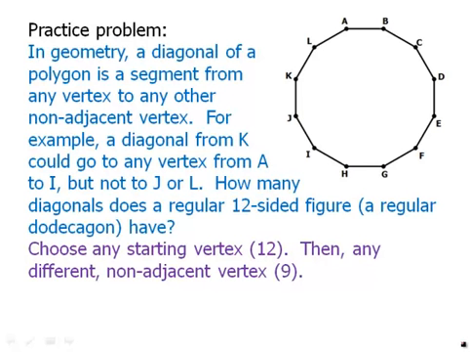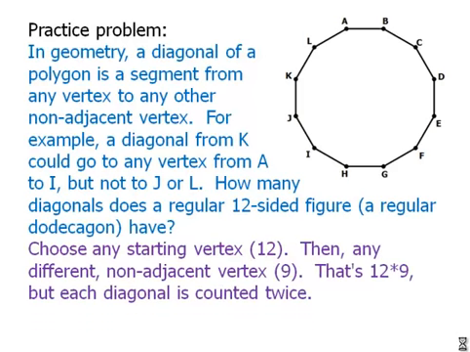For any one vertex, there are 9 non-adjacent vertices. That's 12 times 9, but each diagonal is counted twice doing that, once from the starting point and once from the ending point. And so we have to divide that by 2. So instead of 12 times 9, it's 6 times 9, which is 54. And that is actually the number of diagonals in a regular dodecagon.